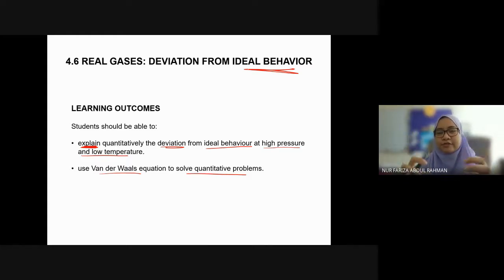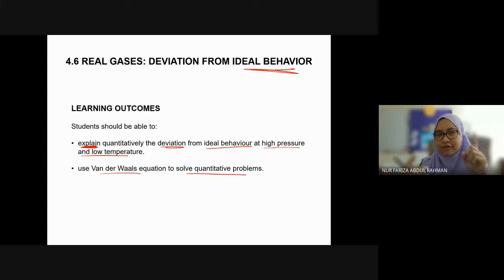Okay, so deviation from ideal behavior is the moment where the real gas no longer follows ideal behavior. It disobeys ideal. It should have no attraction, but it starts to experience attraction among the particles. And the particle volume should be negligible, but now it starts to have its own particle volume.